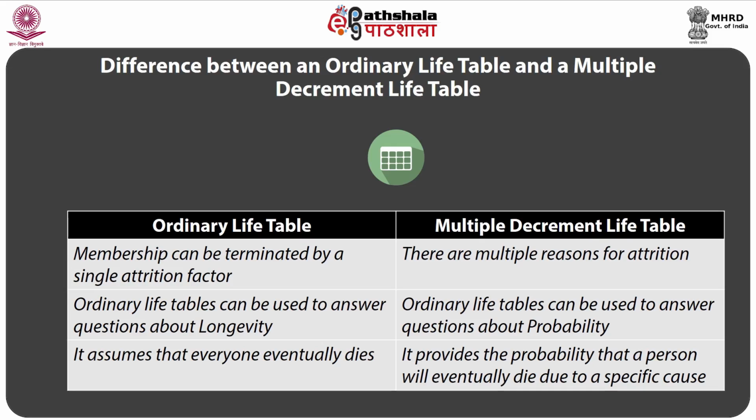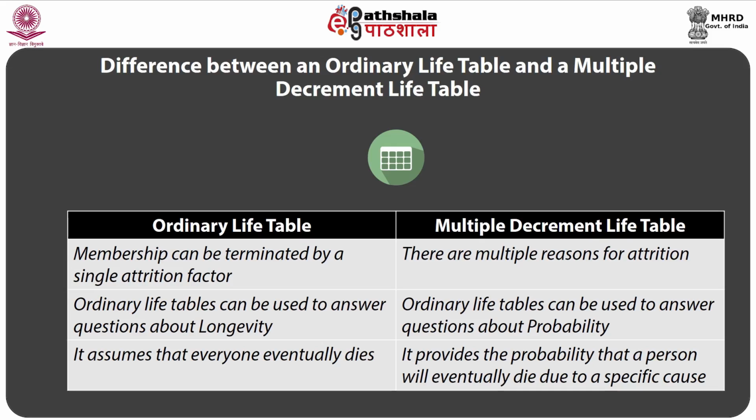The ordinary life tables can be used to answer questions about longevity, namely, what is the probability that a newborn will survive to age 65, or what is the probability that a newborn will die before reaching age 65.